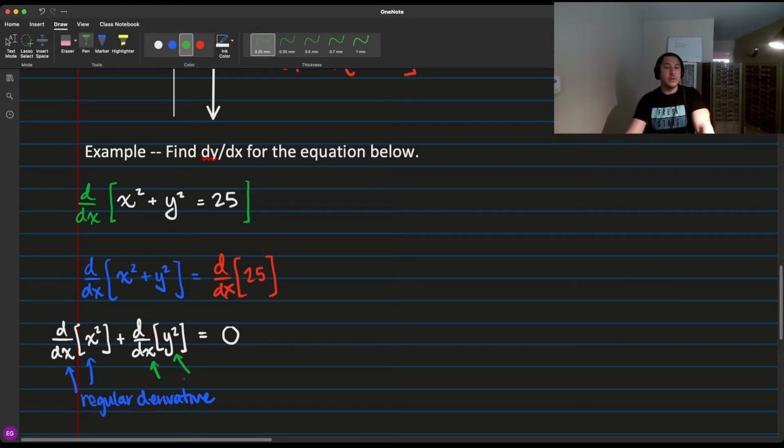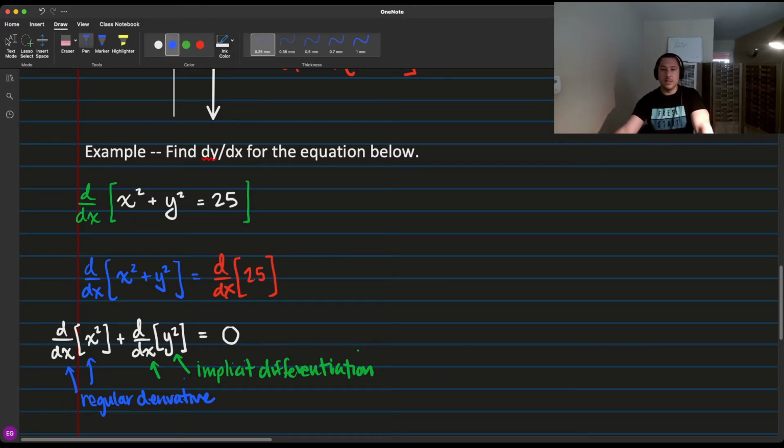What type of differentiation do you use when the variable of the thing you're taking the derivative of does not match the variable you're taking the derivative with respect to? This is implicit differentiation, which basically means that you're going to use the chain rule.